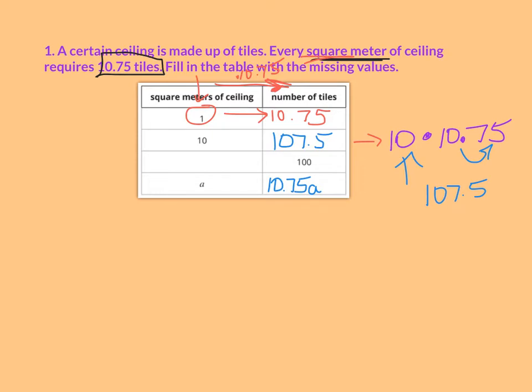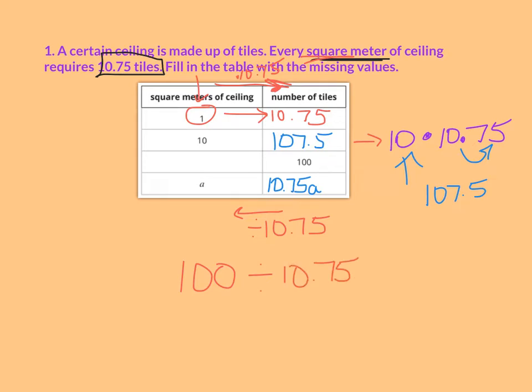Now, we know that when we're going in the opposite direction from right to left, it means we're going to divide by that number. In this case, it's 10.75. So we've got 100 divided by 10.75.